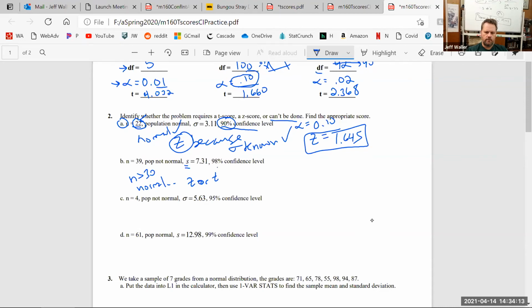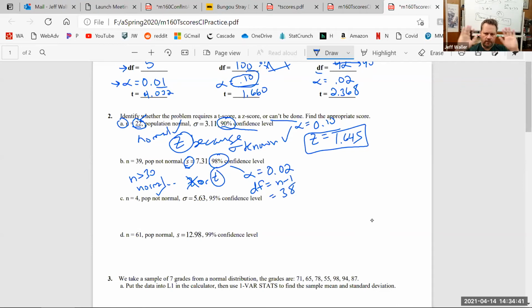T. Why? Because sigma is not known. Good. Sigma's not known, only S. And of course, it's normal. What is alpha? 0.02. I like it. And what's my degrees of freedom? 38. I like it.